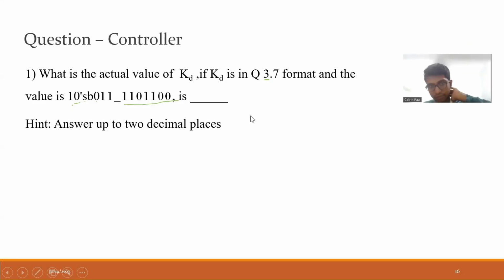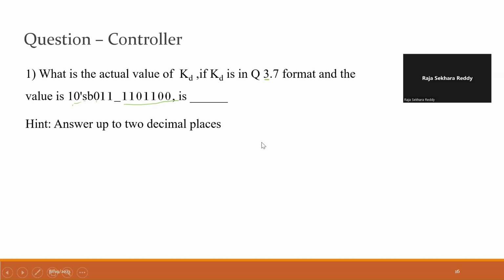Can you calculate this value of KD? So it is 3.884.